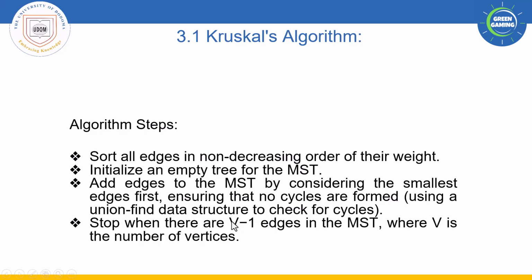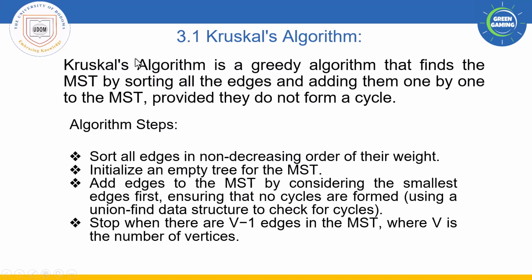Then stop when there are V minus 1 edges in the MST, where V is the number of vertices, right? So Kruskal's algorithm is a greedy algorithm that finds the MST by sorting all edges and adding them one by one to the MST, provided that they do not form a cycle, right?